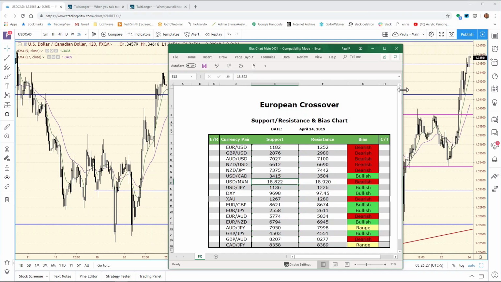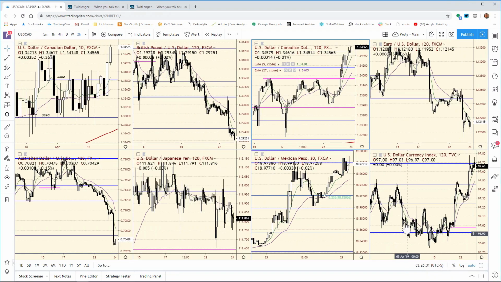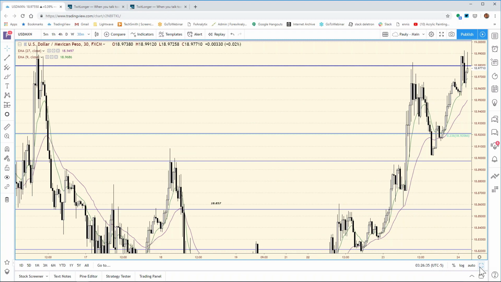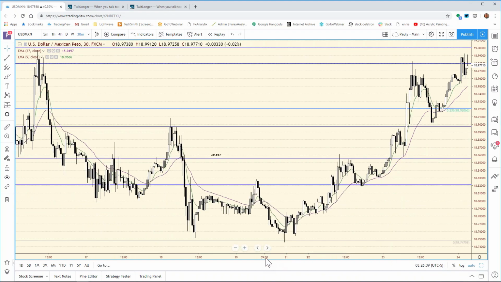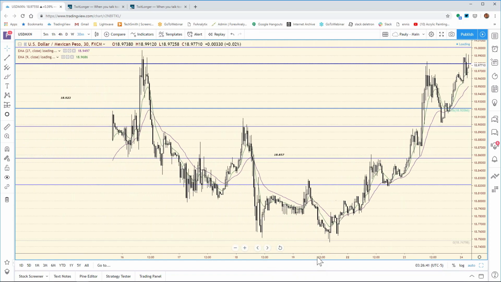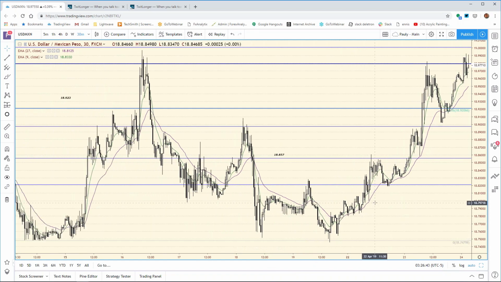Let's go into the dollar peso. What's helped this market has been these exponential moving averages. I mean, they're just telling you where the market wants to go. We had discussed this, and this is actually what I use my exponential moving averages on, which is a 30-minute.